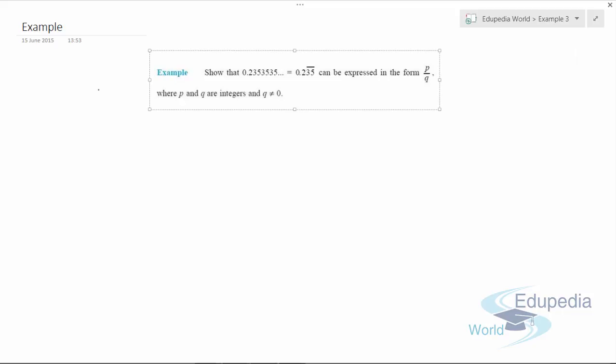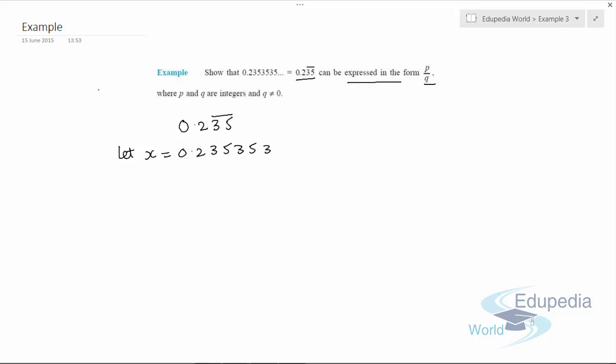Now the example is, we have to show again that this number can be expressed in the form of p by q. Again the number is 0.235 bar. So we suppose let x equals 0.235 35 35 35, and it goes on like this. Now we have the bar over two numbers, so we multiply with 100.